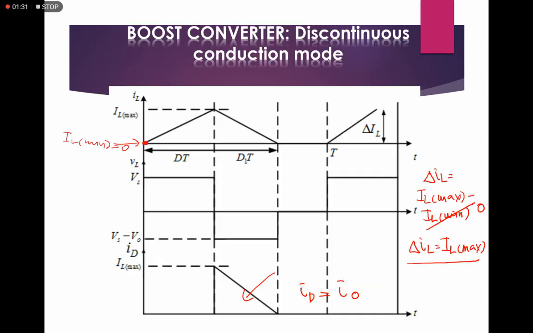These are the typical waveforms in DCM. The first one is the inductor current IL, the second waveform is VL, the voltage across your inductor, and the third one is your diode current. If, for example, in the lab for the DC to DC converter, you need to produce a waveform, make sure you are able to produce it with this kind of waveform with similar shapes.